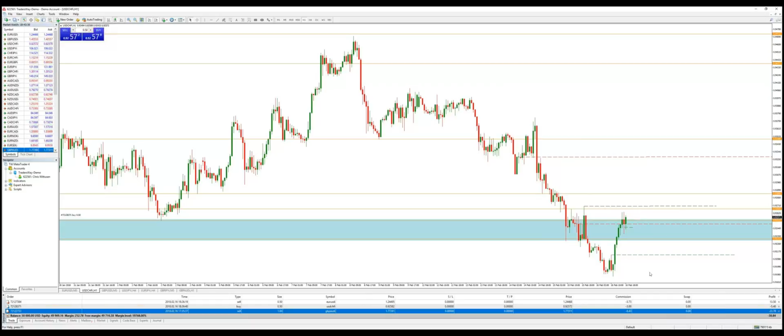Problem is we're getting close to lunch, so everyone's going to go on lunch, the people that move the market. And what happens at lunch is that the brokers take over and run it in their books. And that means the spread goes up.